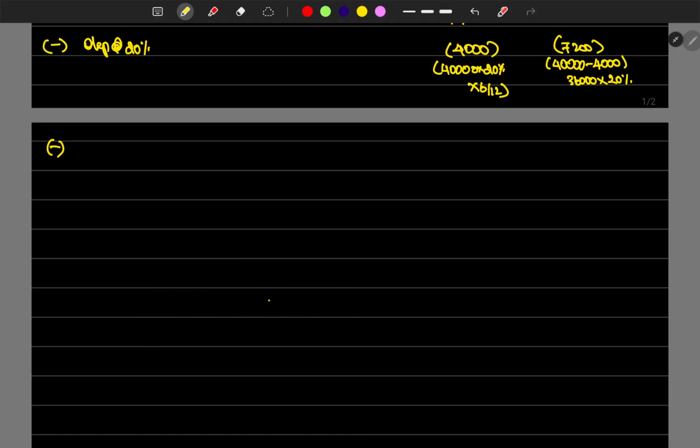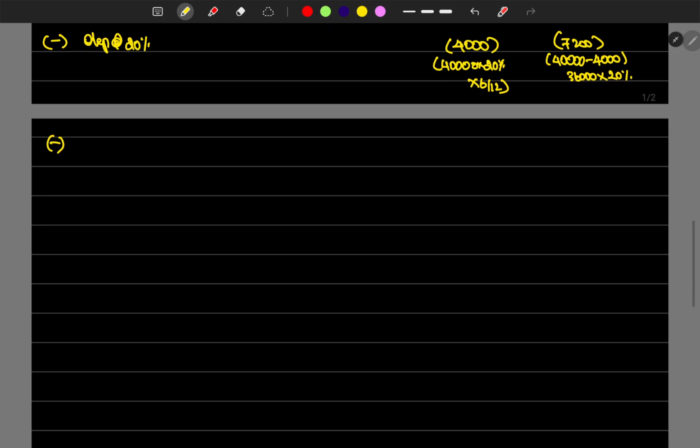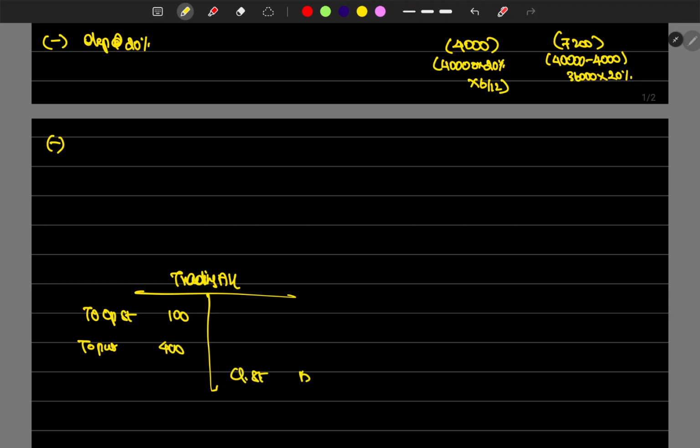Let me give a detailed chart. For example, let's take a trading account. You have an opening stock, let's take 100, purchases 400, closing stock 500, sales 600.